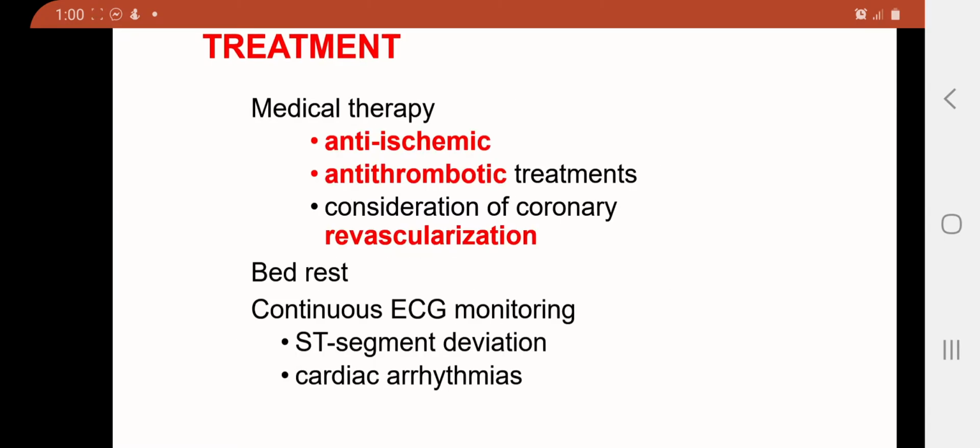For the medical therapy, you can give anti-ischemic, anti-thrombotic treatments, and you can consider coronary revascularization. Bed rest, again, continuous ECG monitoring to watch out for ST segment deviation as well as cardiac arrhythmias.